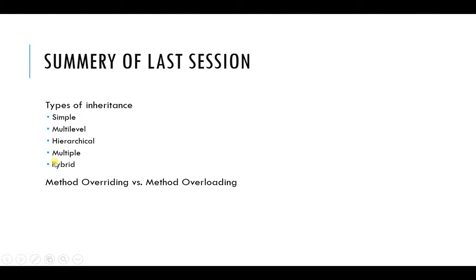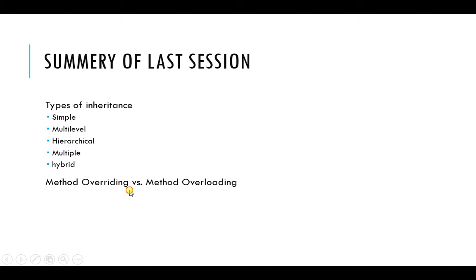Then the fourth one is multiple inheritance, that means we have two base classes and one derived class. That means the derived class inherits the properties from both of its base classes. And the last one is hybrid inheritance. But out of all these five, Java supports only the first three, that is simple, multi-level and hierarchical.